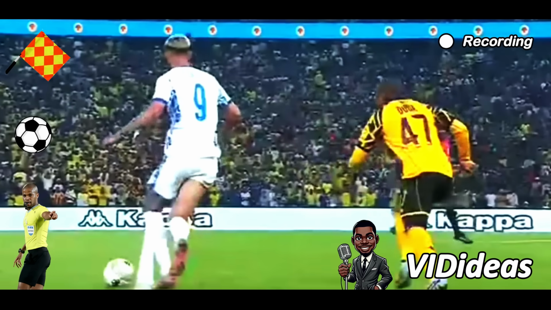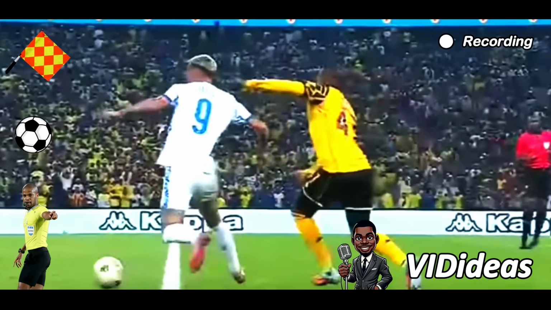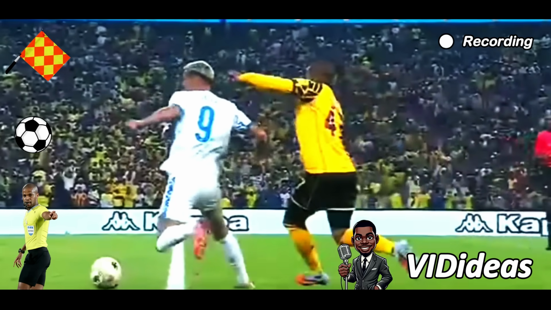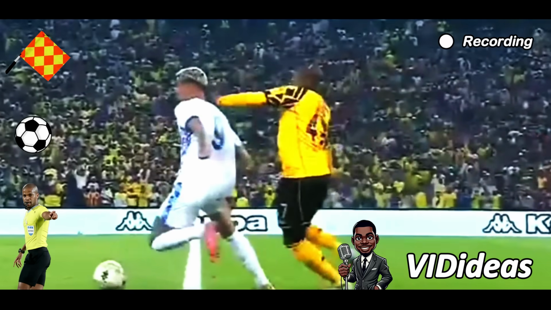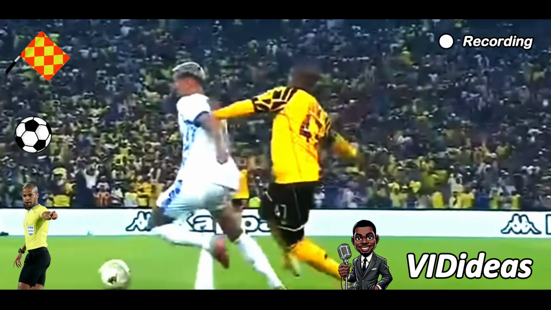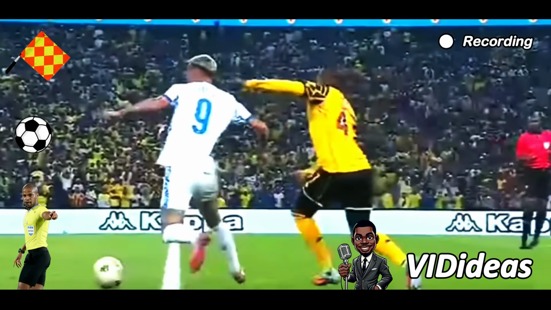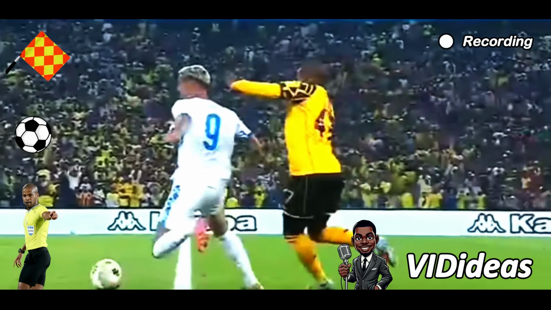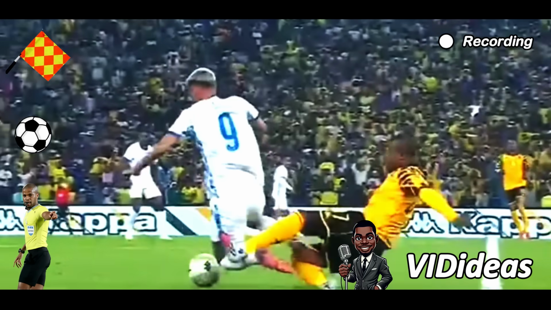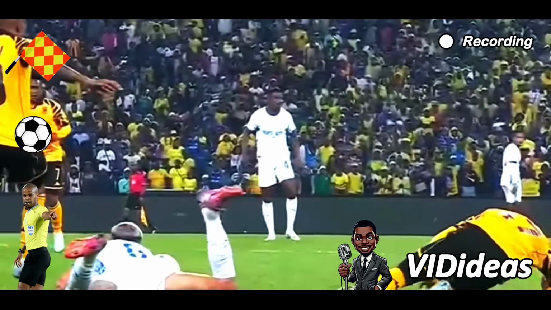But the manner in which Duba attacks Usales is reckless, malicious, and careless. It actually endangers the safety of the opponent. In this particular case, he lunges from behind. Under Law 12, fouls and misconduct, this should have been penalized.